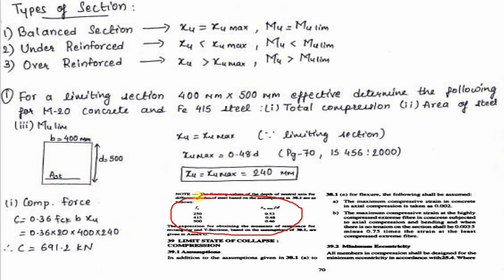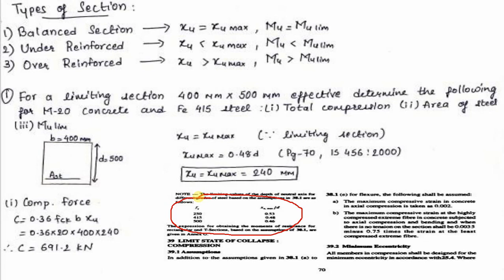Xu max is the maximum depth of neutral axis, divided by small d, that is our effective depth. From the first column, it is given in the question that we will be using Fe415 steel. So we'll be taking Fe415, that is 415, the second row, and in the second column the ratio is given as 0.48.